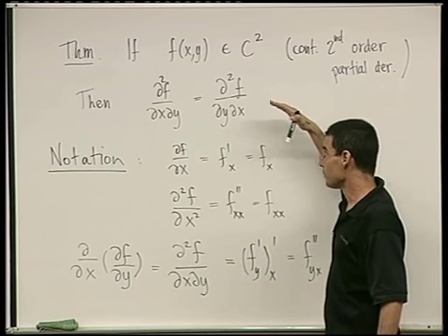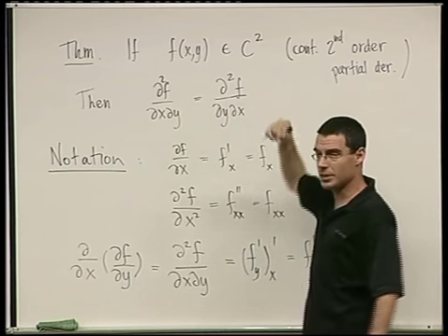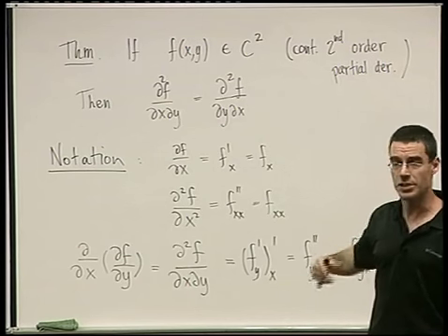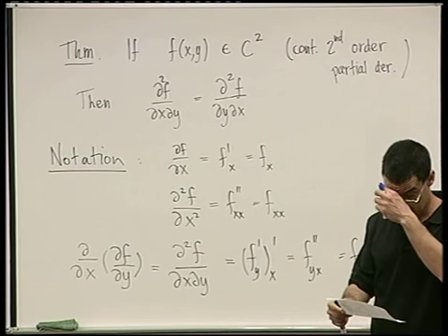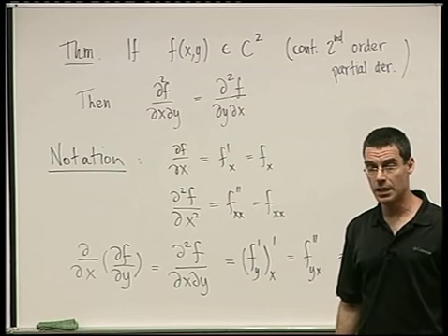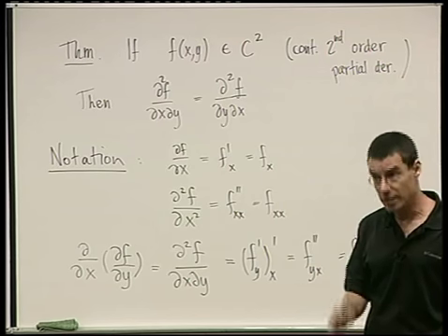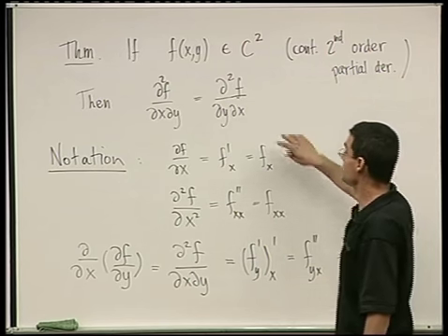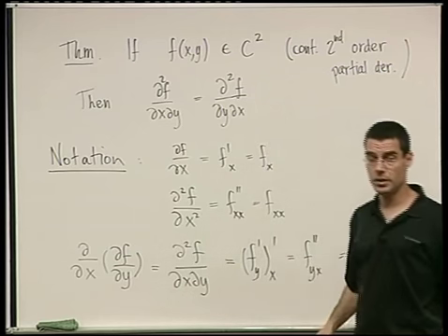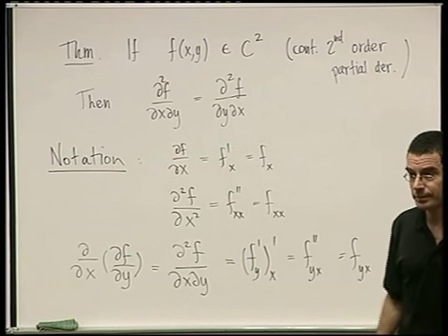The proof with up-to-date standards of the theorem was given by a mathematician named Schwarz in 1873, which is not that long ago. And so in some places you'll see this called the Schwarz theorem. Okay?